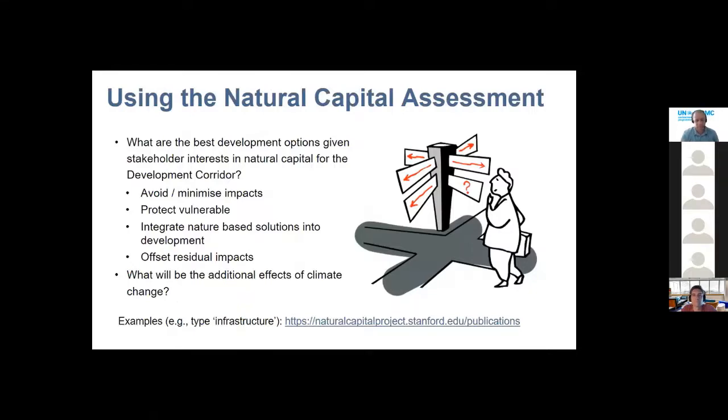How can we also make best use of the ecosystem services that the natural capital is providing in terms of integrating nature-based solutions into the development? And are there going to be any residual impacts that we might want to think about offsetting as well? Replacing biodiversity loss somewhere else being a classic example. And within that, we may need to also consider what the additional effects of climate change might be.